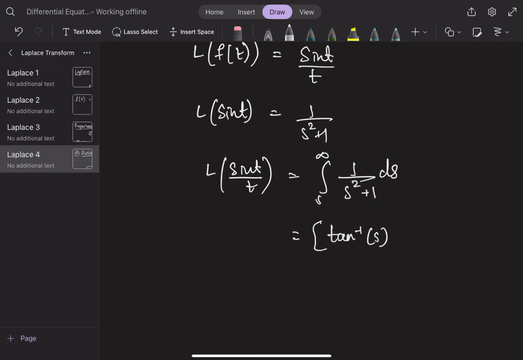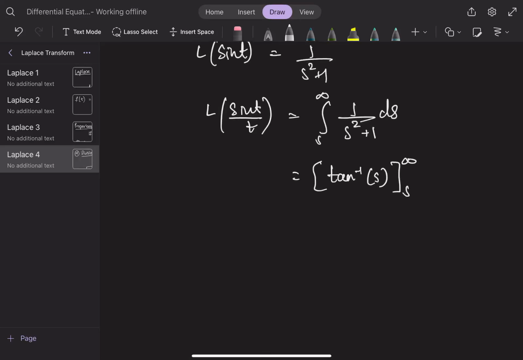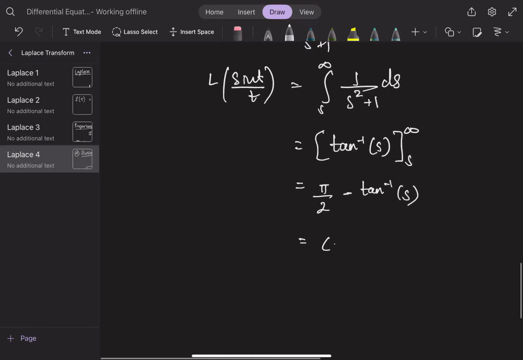Let's put in the limits s to infinity. So tan inverse of infinity is pi by 2 minus tan inverse s. So you can write this directly as cot inverse s. You guys need to have a basic understanding of trigonometry as well, because these type of questions might come up.